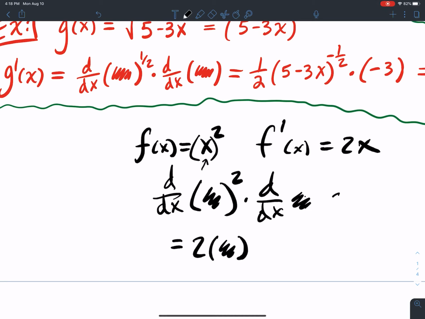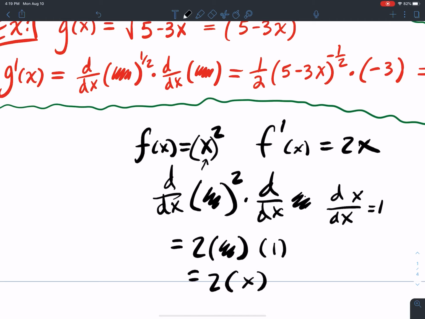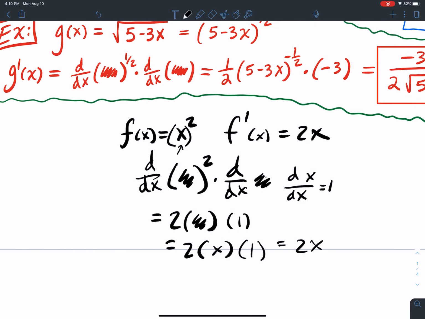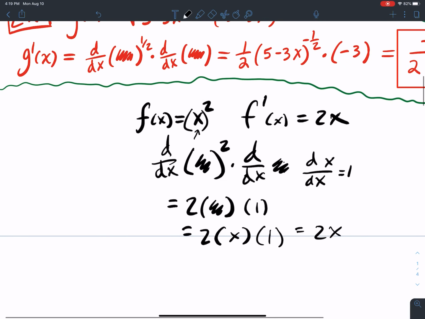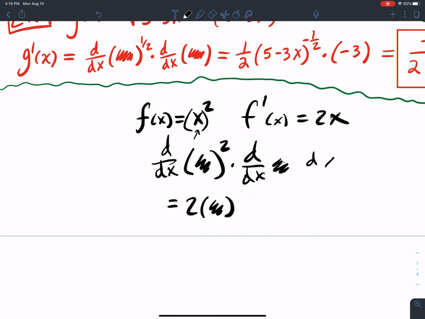What's the derivative of x with respect to x? That's just 1, right? So the answer is still 2x, okay? So chain rule works. It's implicitly understood. Even so, when my differential, the dx, matches the variable I'm taking the derivative with respect to there, all is good. Okay.